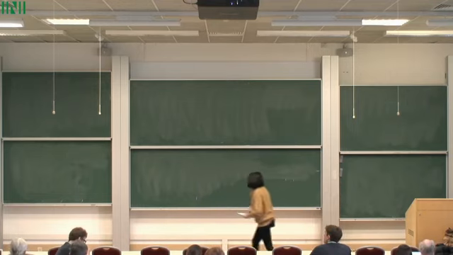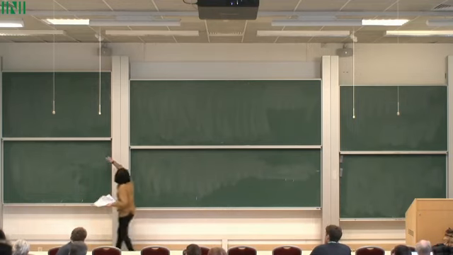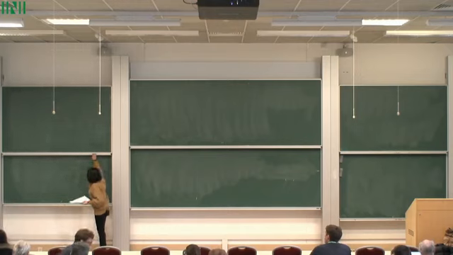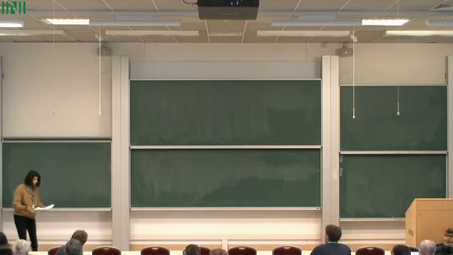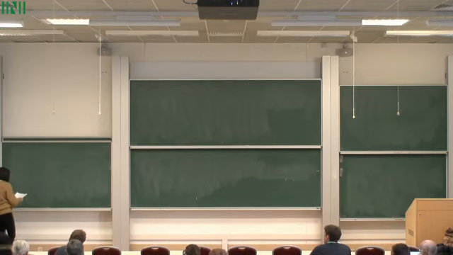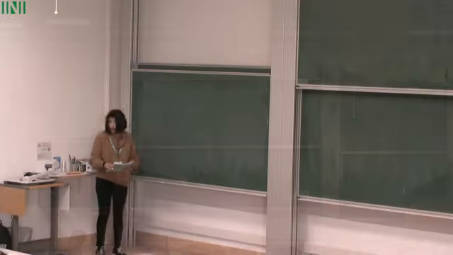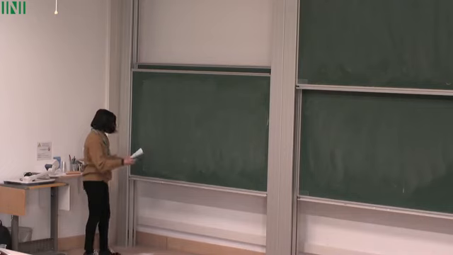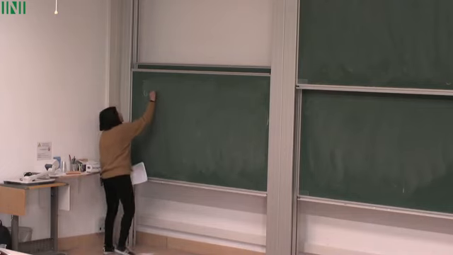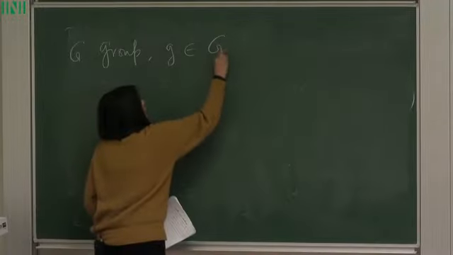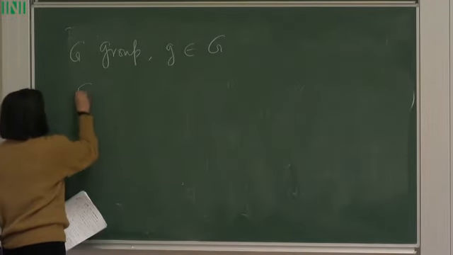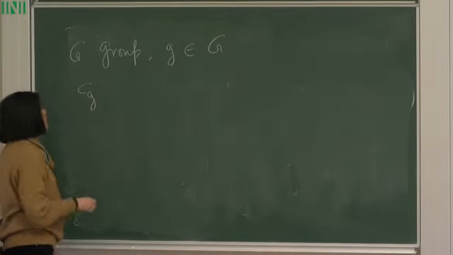Okay, so the main thing that we're going to use, it's a totally simple-minded, elementary thing, is the concept of fusion in a group. Okay, so G is a group, and we take any element little g in G. This notation is standard.